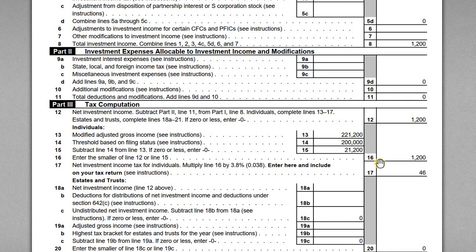And so we have the smaller of line 12 or line 15. So in this case, 12 is $1,200. Line 15 is $21,200. So the smaller amount is the NII, the net investment income. And then here's the net investment income tax. So 3.8% times 1,200. That's how we arrive at our $46 figure.